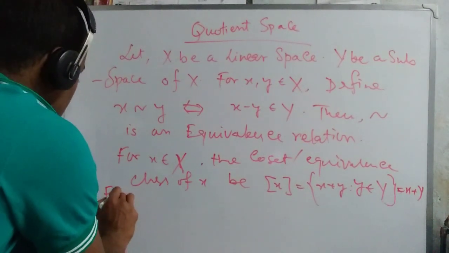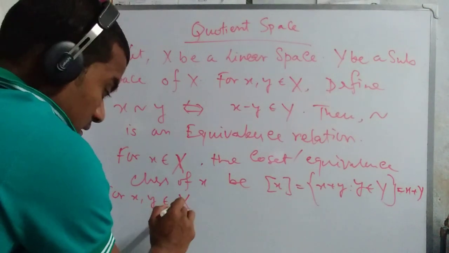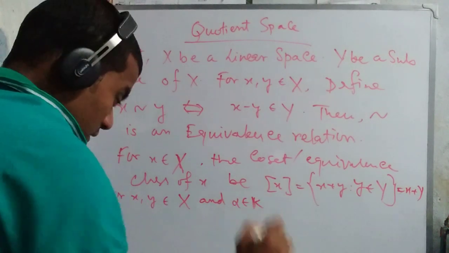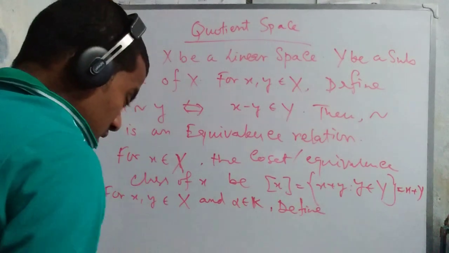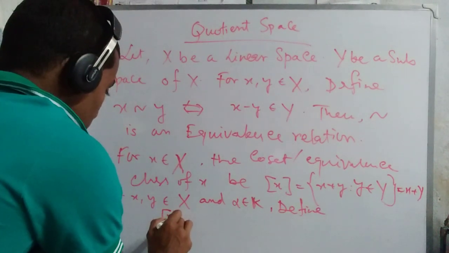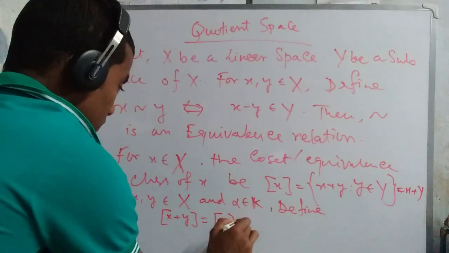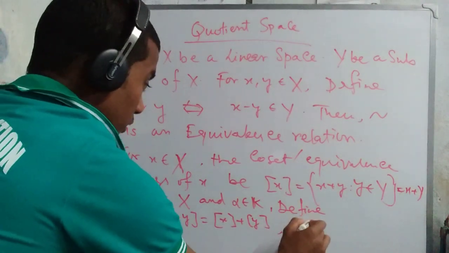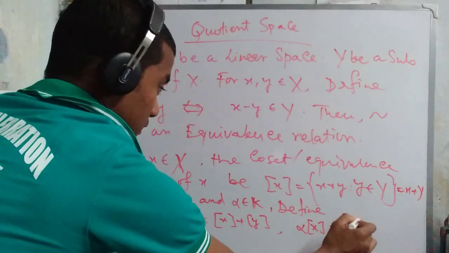Then we write here in this way: for x, y belonging to X and alpha belonging to K, define [x] + [y] = [x + y], and alpha [x] = [alpha x].